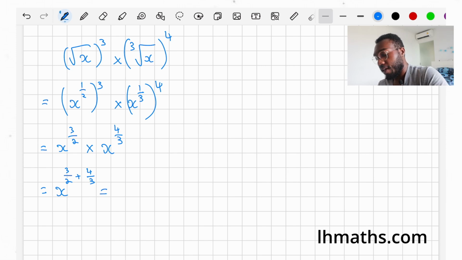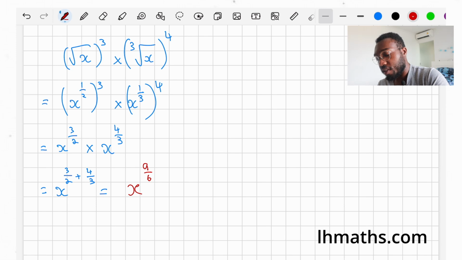And if we were to work that out, we would get x, and then 3 over 2 plus 4 over 3. If you're unsure, then just work it out. So if we make both over 6, then we'll get 9 over 6, okay?